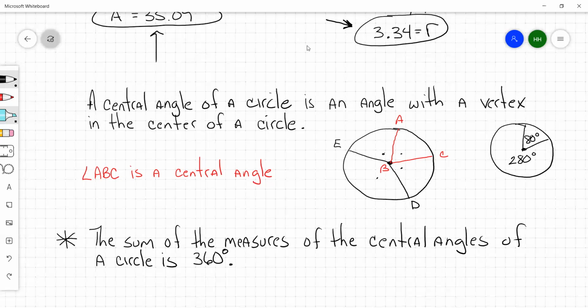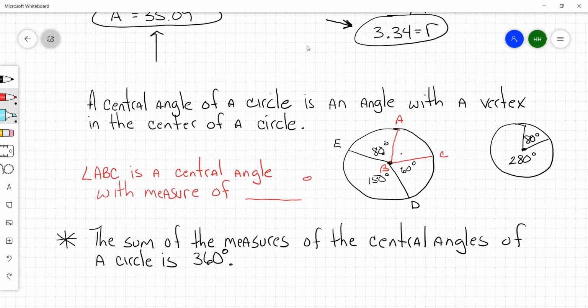If you know 3 of them, all right, right here, let's say that this one is 80 and this one is 150 and this one's 60. What's the measure? ABC is a central angle, and we're going to say with measure of how many degrees? What is the measure of angle ABC right here?